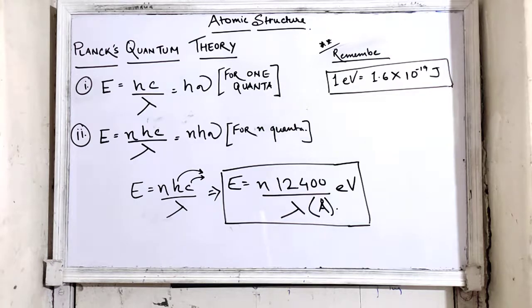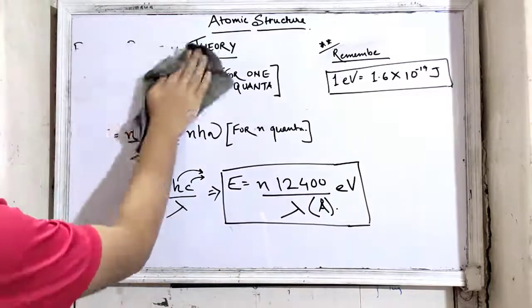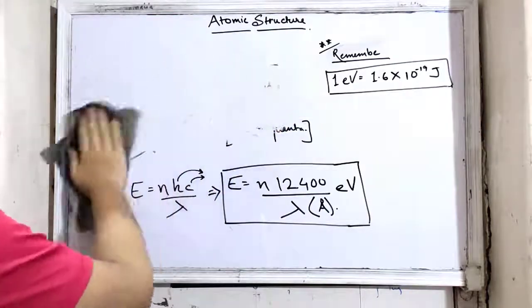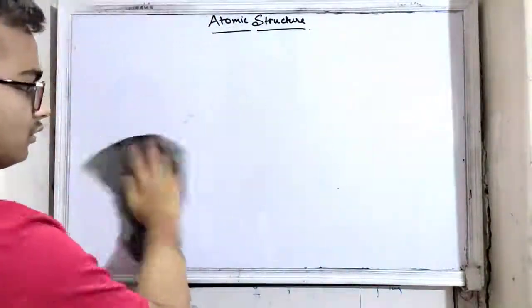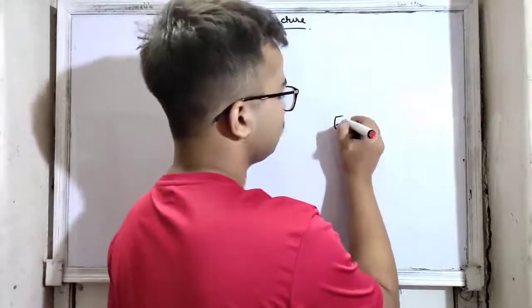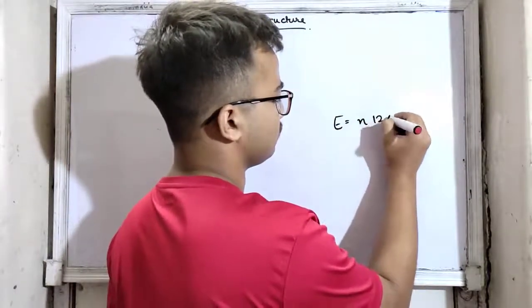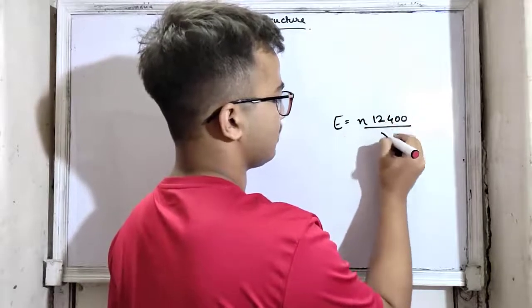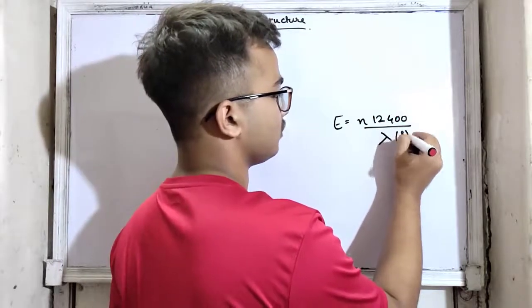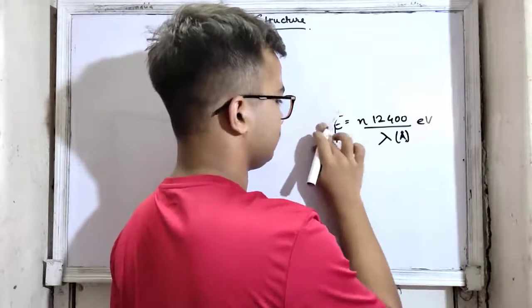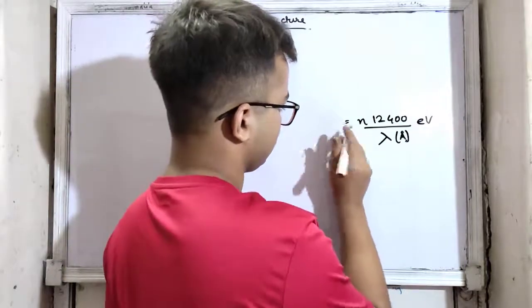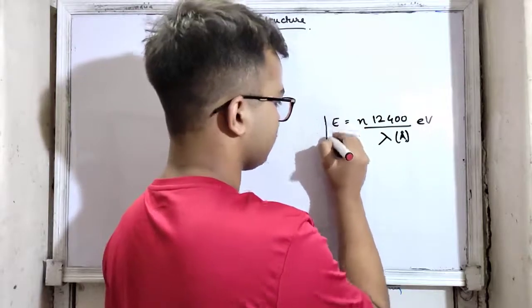So let's erase this and solve some numericals. What was my formula? My formula was E equal to n into 12400 by lambda in angstrom, and this was in electron volt. This formula is going to come to use just now.